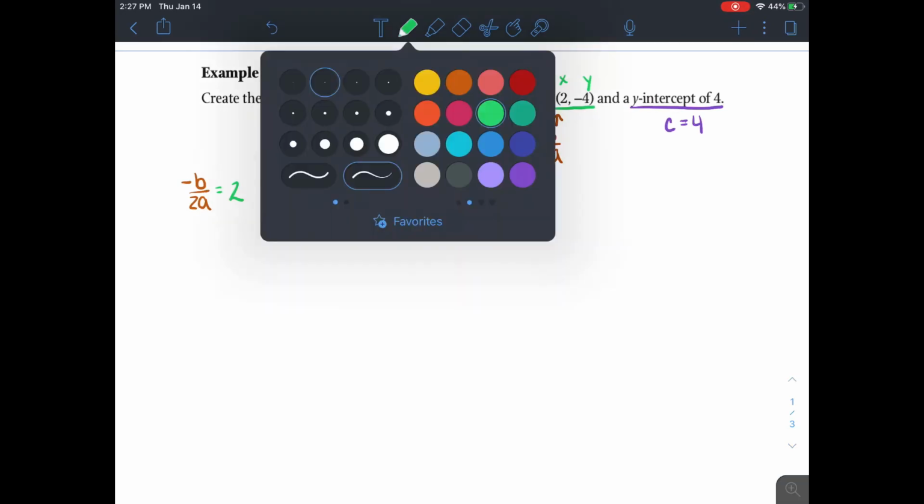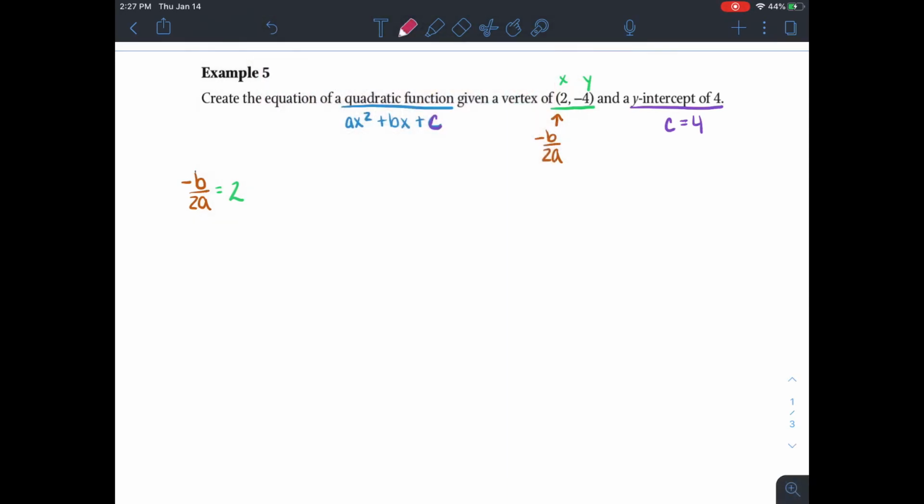So if I want to get the b value by itself, the first thing I would do is multiply both sides by 2a, undoing that division. So we would have -b equals 4a. Last step would be to divide both sides by -1, giving us b equals -4a.